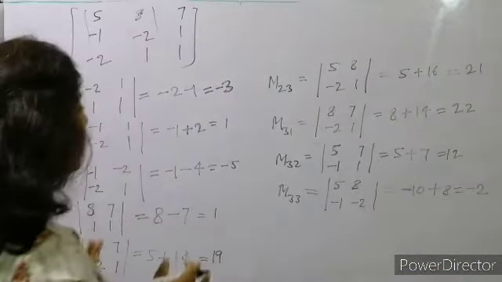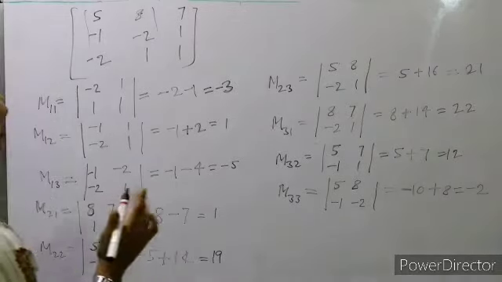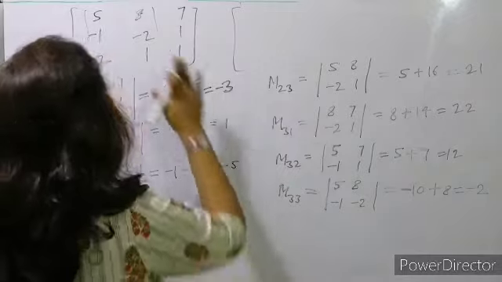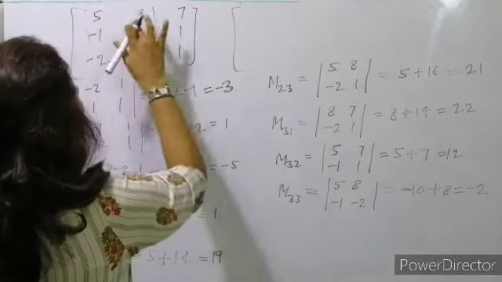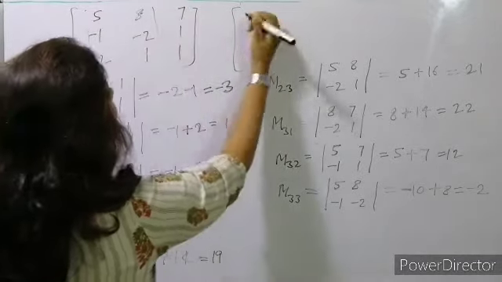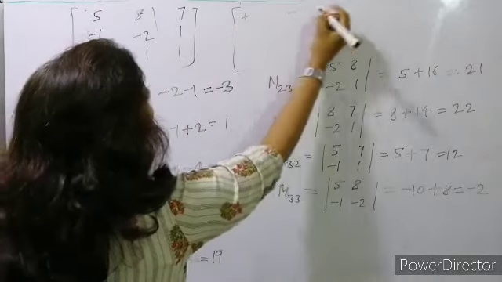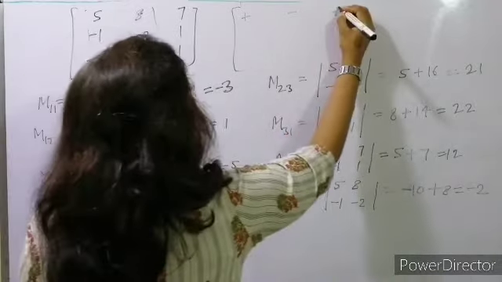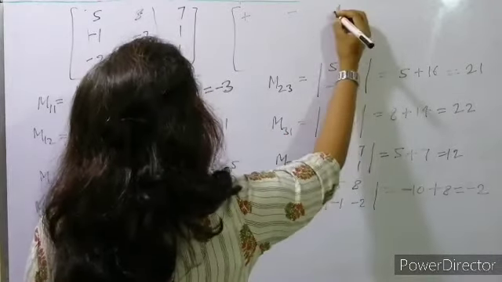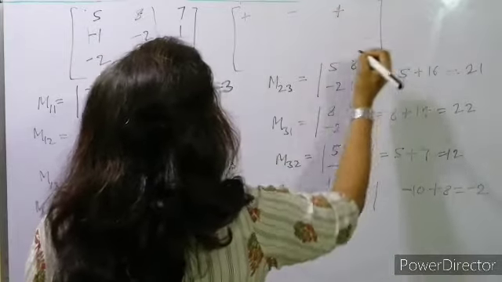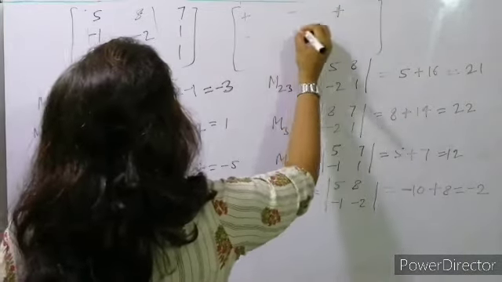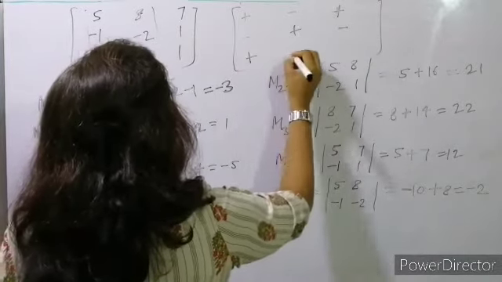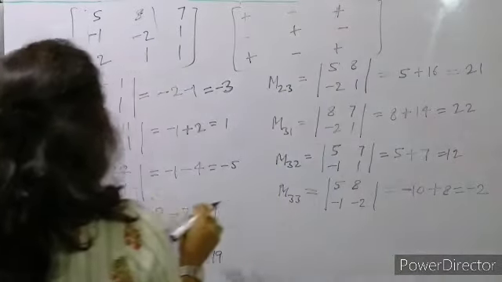Now we have to find out the value of the signs: plus minus plus, minus plus minus, plus minus plus. We'll write it here and we'll write the value of minus directly. So what are the values?